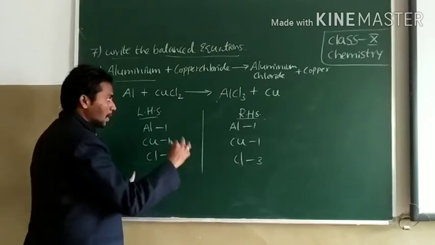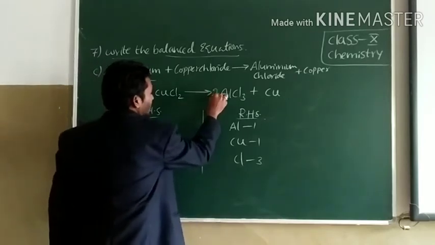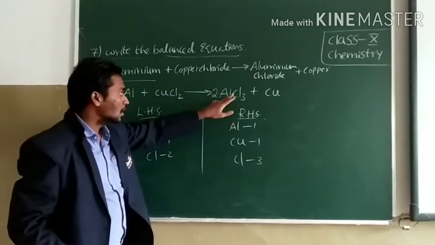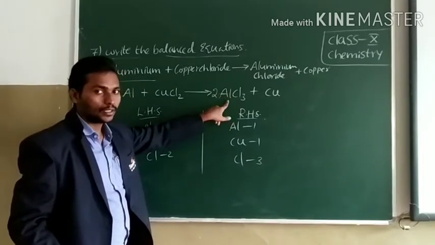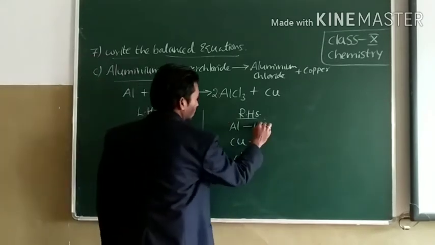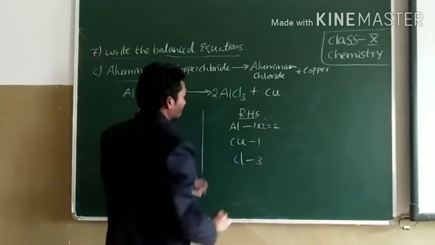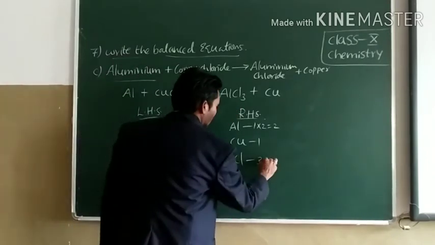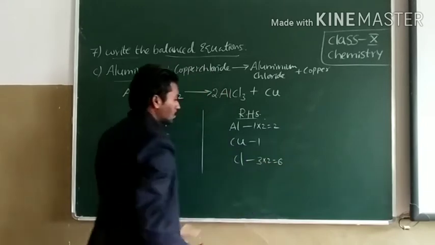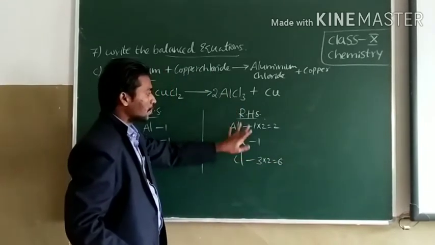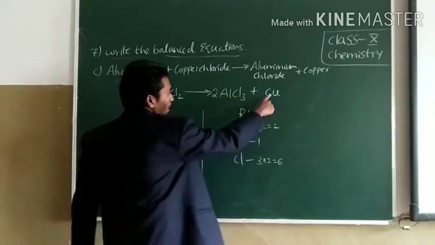So for balancing, let us write 2 before the AlCl3. Now count the atoms. 2 Al, 2 aluminum atoms. 2 into 1 is equal to 2 atoms. And 2 into 3, 2 3s are 6 chlorine atoms on RHS side.